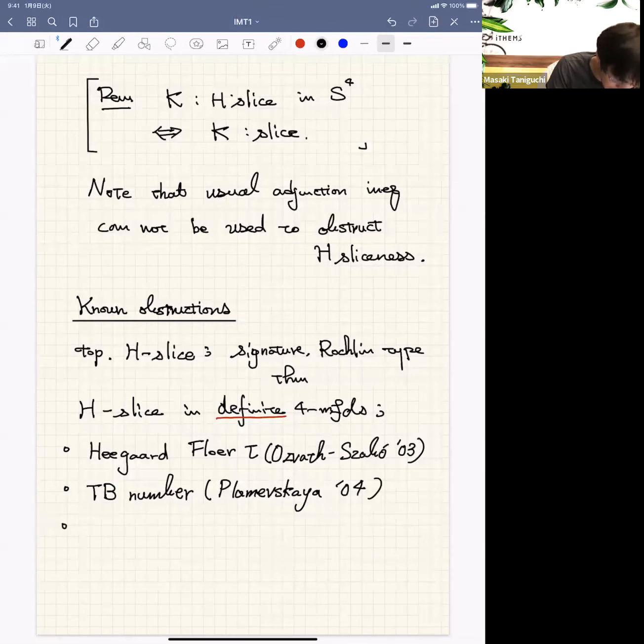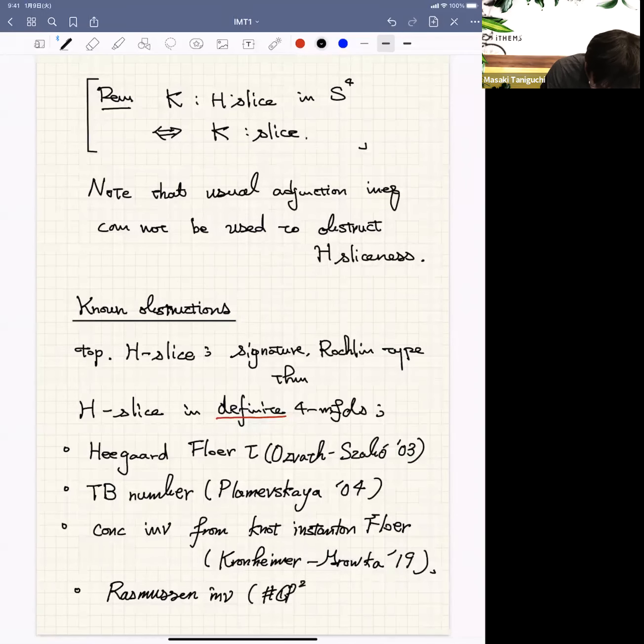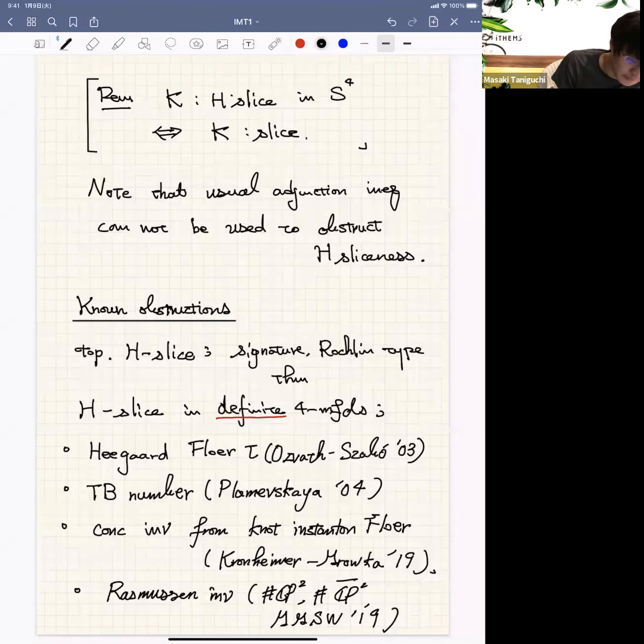Also, there is a concordance invariant from instanton Floer homology, defined by Kronheimer and Mrowka. In Khovanov homology theory, the Rasmussen invariant gives an obstruction for connected sums of CP2 or connected sums of CP2 bar, which was proved by Manolescu, Marengon, Sarkar and Willis.